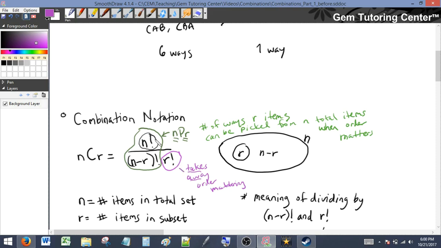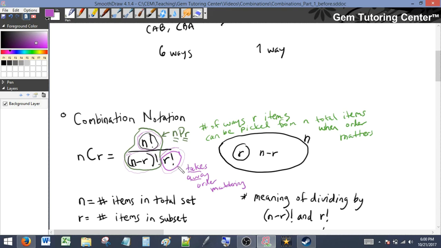This n factorial is a very big number. N minus r factorial is less than that, and so is r factorial. So this is the total number of ways that something can be ordered when order matters. This is the number of ways of the items that we don't care about when order matters. And this is the number of ways that we care about, but we want to get rid of the order mattering. We want to get rid of the number of ways that we can arrange this when order matters.